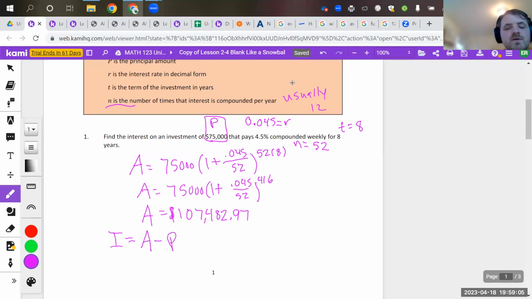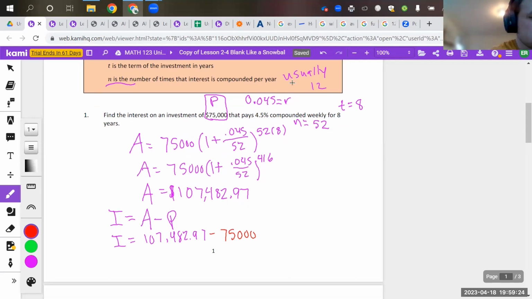So that interest is going to be 107,482 minus that principal, which was 75,000, giving you 32,482. So that was the interest on that specific loan.